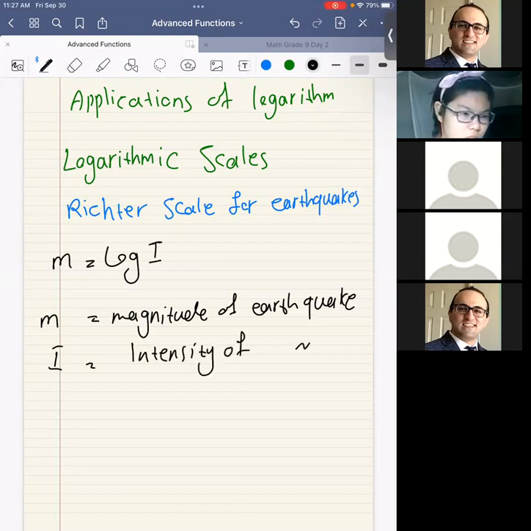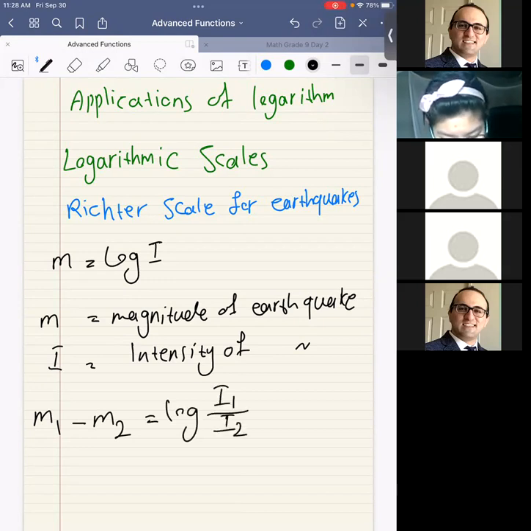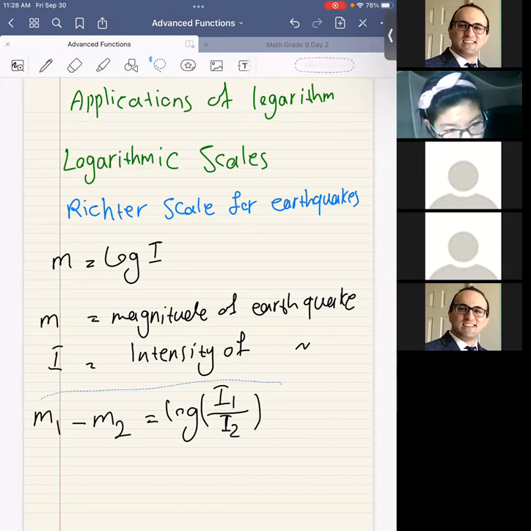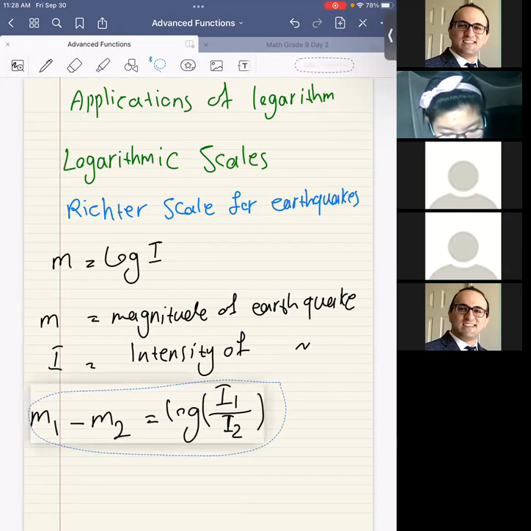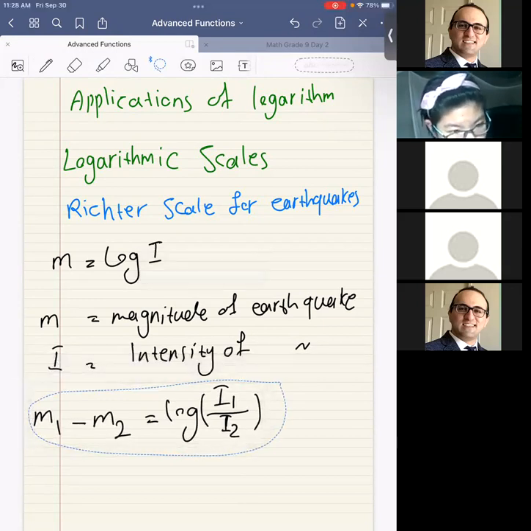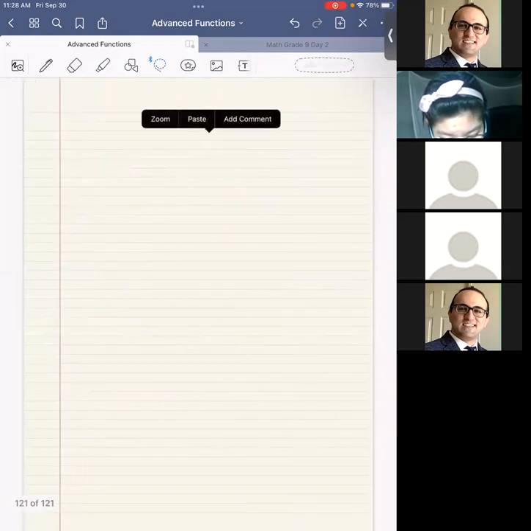Or more precisely, when we want to compare two magnitudes M1 and M2, M1 minus M2 is equal to log of I1 over I2. That is the main formula for the magnitudes of earthquakes in terms of the intensities.